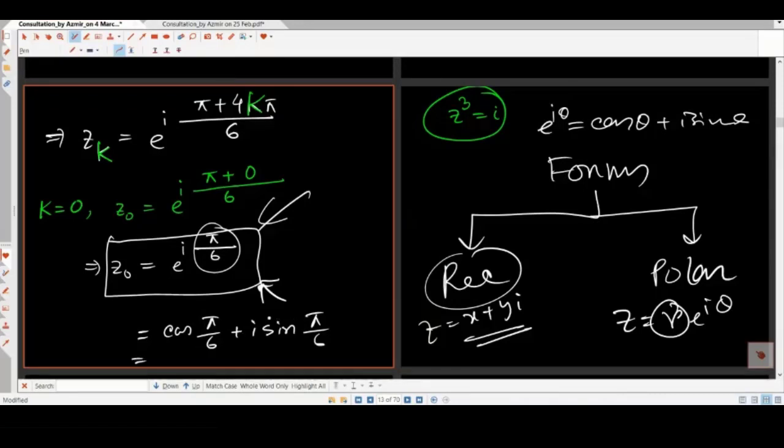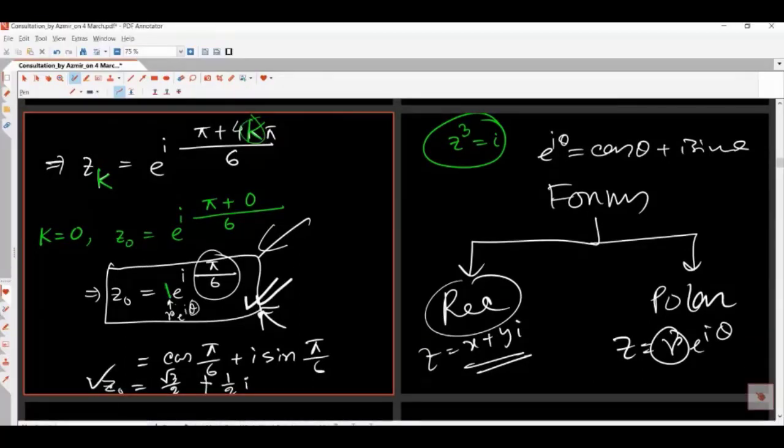Pi over 6 is equal to 30 degrees. So cosine 30 degrees gives root 3 over 2, and sine 30 degrees gives 1 by 2. So we have found z0 equal to root 3 by 2 plus 1 by 2 i. This is our first solution.